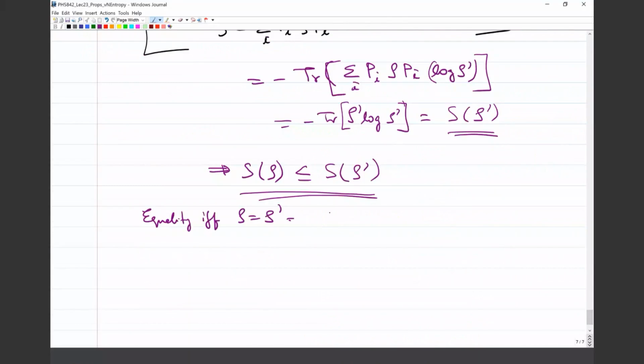And if rho must be equal to this convex sum of the action of these projections, it must imply that either there is only one projector in that measurement, in which case it's really not a projective measurement, it's just a single outcome. Or your rho must already be diagonal in this basis. Then only one of these projectors will act in a non-trivial way, and you end up with rho itself. So this must imply that rho is diagonal in the Pi basis.